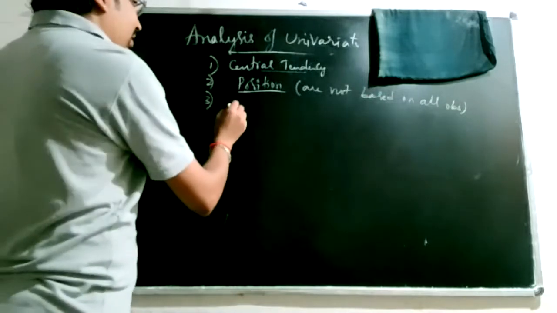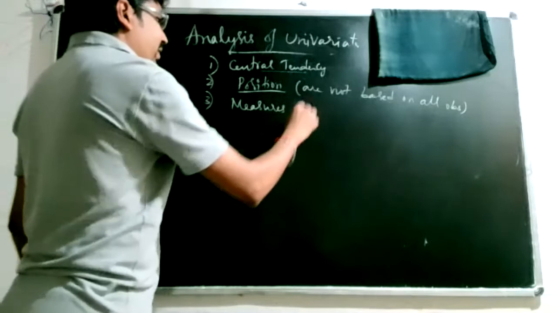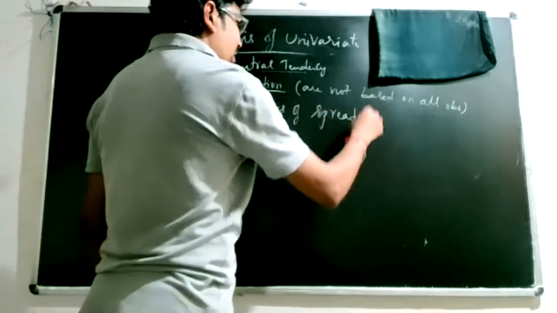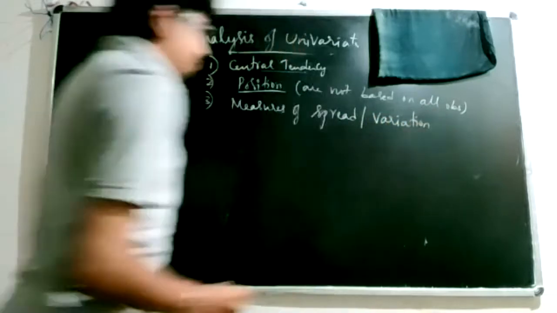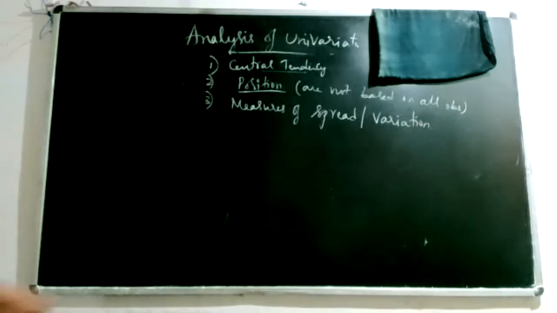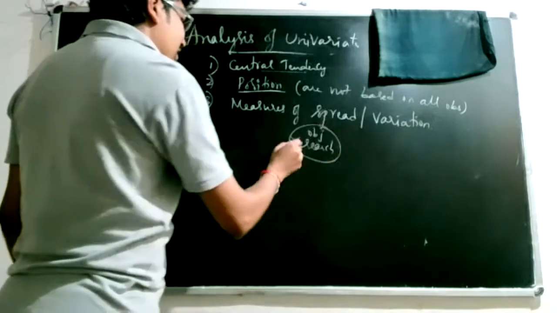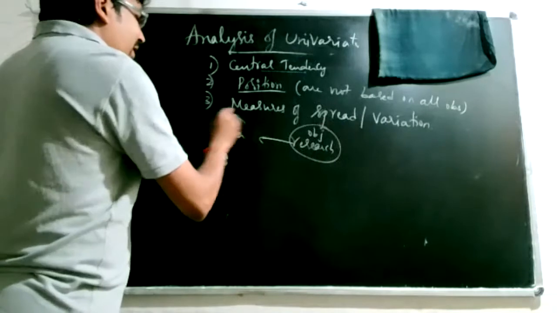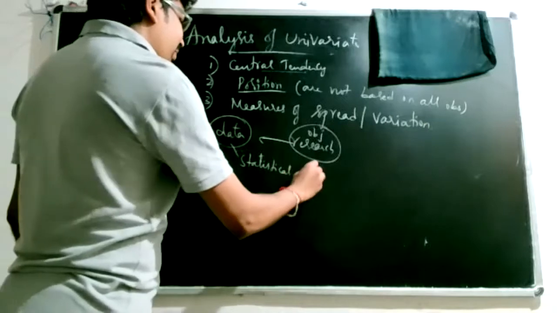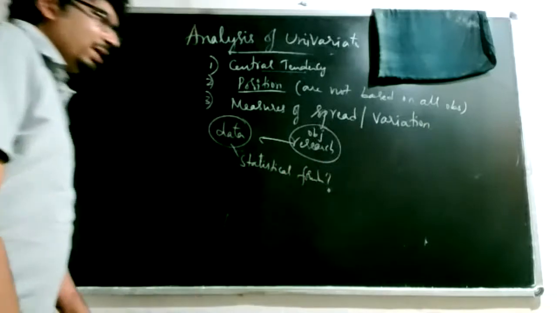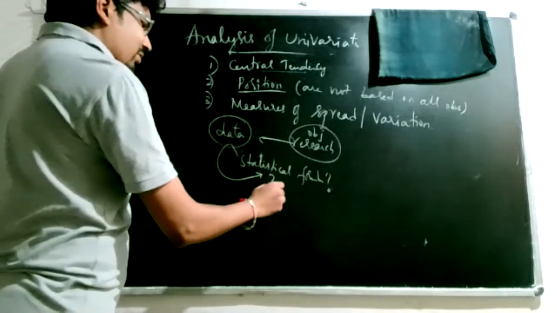Then coming to the next case, we have measures of spread or measures of dispersion. Why do we need this? What is the meaning of this? Now our objective is to do some research work. I have an objective, and in order to satisfy that objective, I have collected data. For my data to be called statistical data, and to apply statistical methods, tools and techniques, certain conditions have to be satisfied, and we look into the data and say whether it is actually statistical.